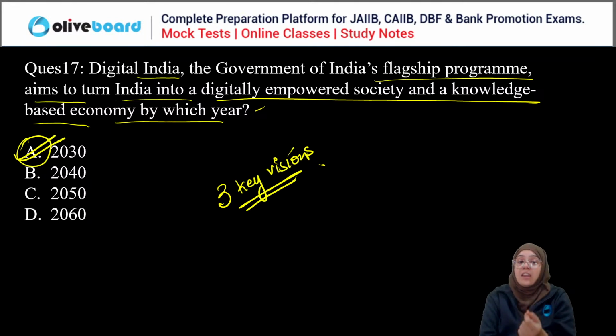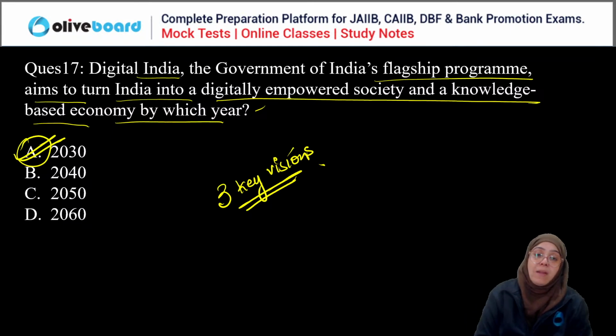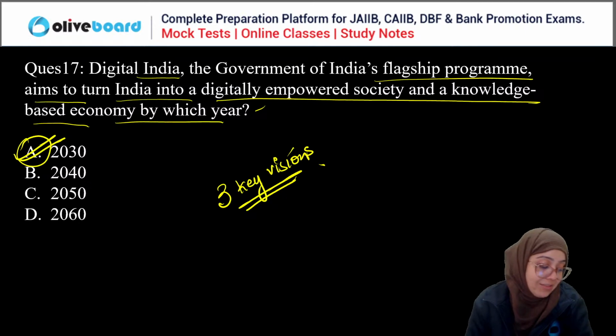Second, governance and services on demand. And third, digital empowerment for each and every citizen, right? So these three key visions are very important in the Digital India concept. So it is to be achieved by 2030, and these are the three main areas. Clear, everyone? 2030 and three key visions.